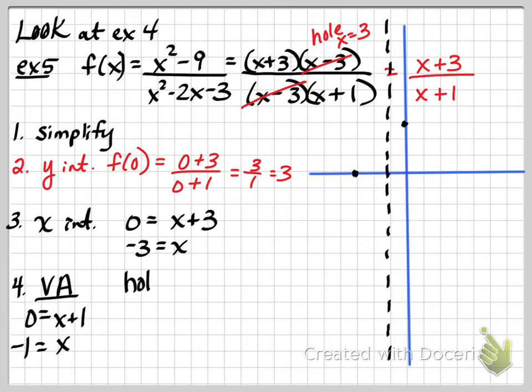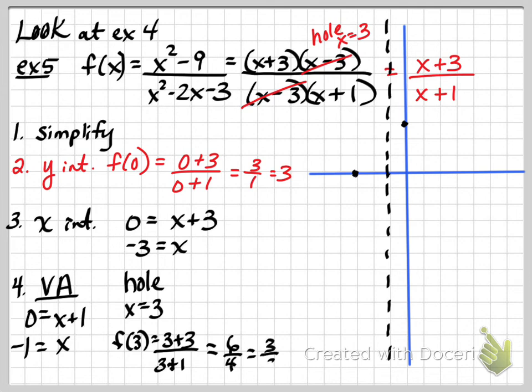And let's find the location for the hole. We know it happens at x equals 3. So let's plug 3 in. Whoops. This is the simplified version. So we have a hole at 3, 3/2. So let's go there and plot it.